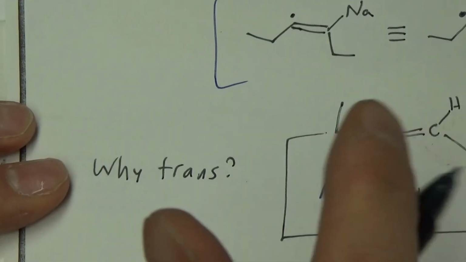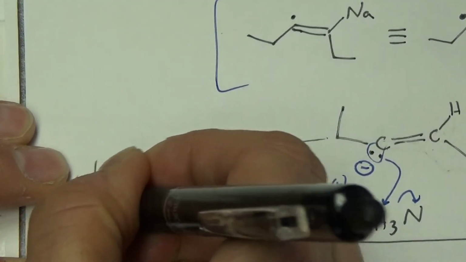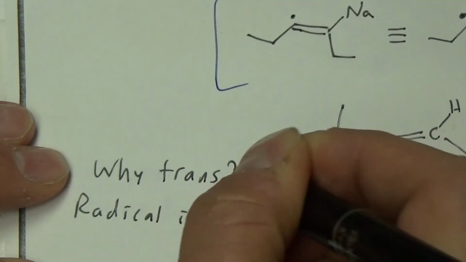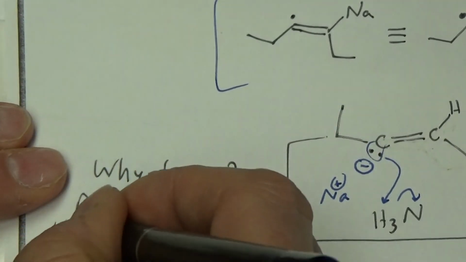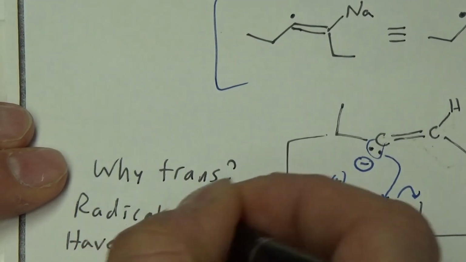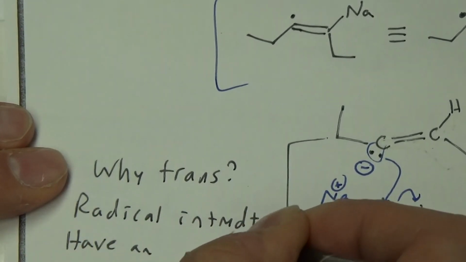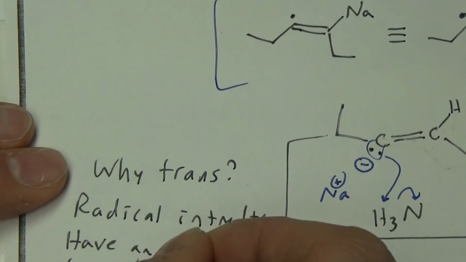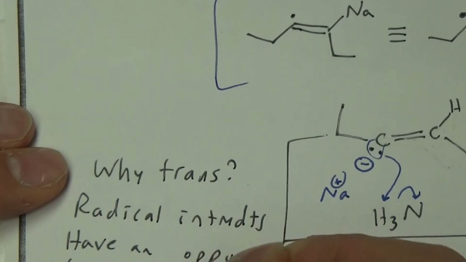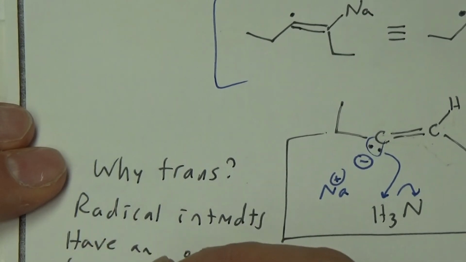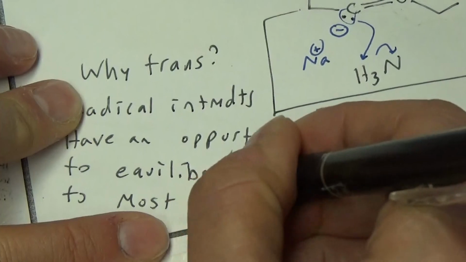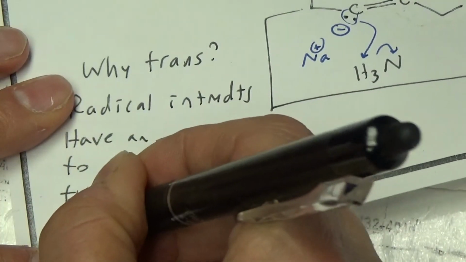And the answer is the radical intermediates have an opportunity to equilibrate to the most stable stereochemistry.